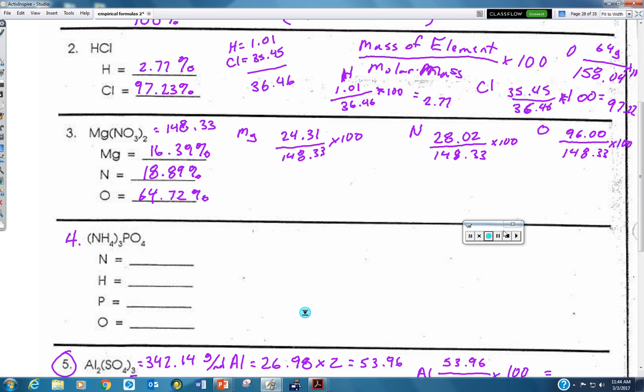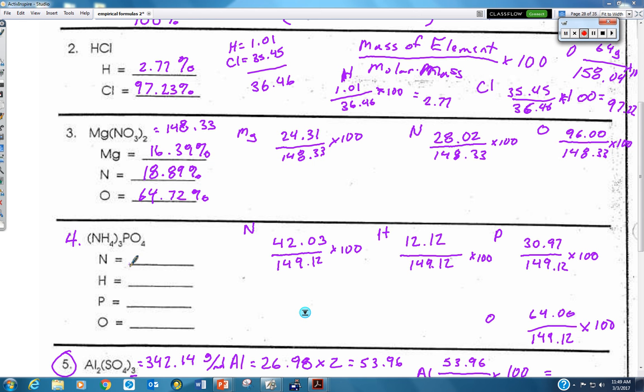And then lastly, we'll do ammonium phosphate. Alright, finishing up the final equation, ammonium phosphate, we end up with 28.19% nitrogen, 8.13% hydrogen, and 20.77% phosphorus, and 42.92% oxygen.